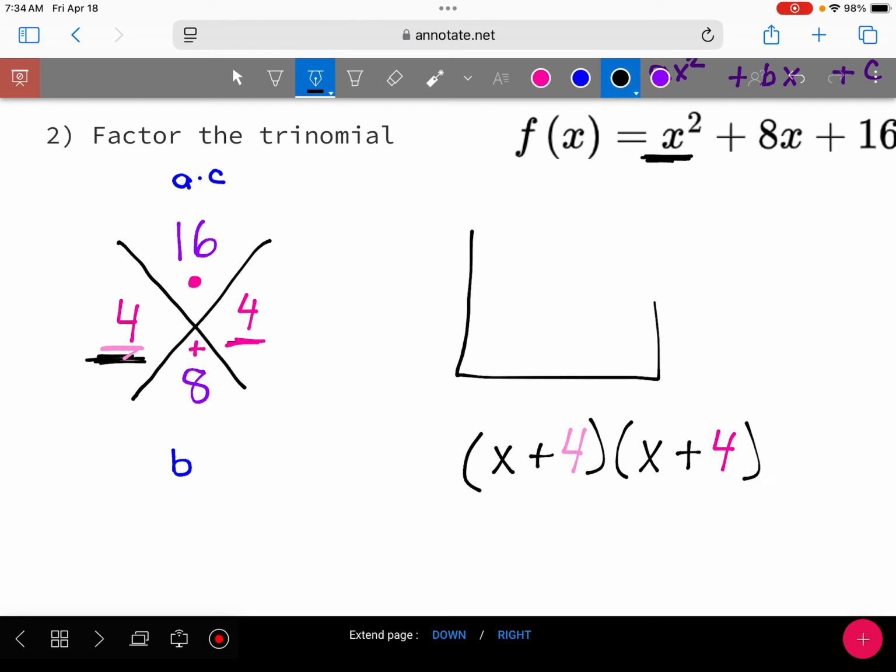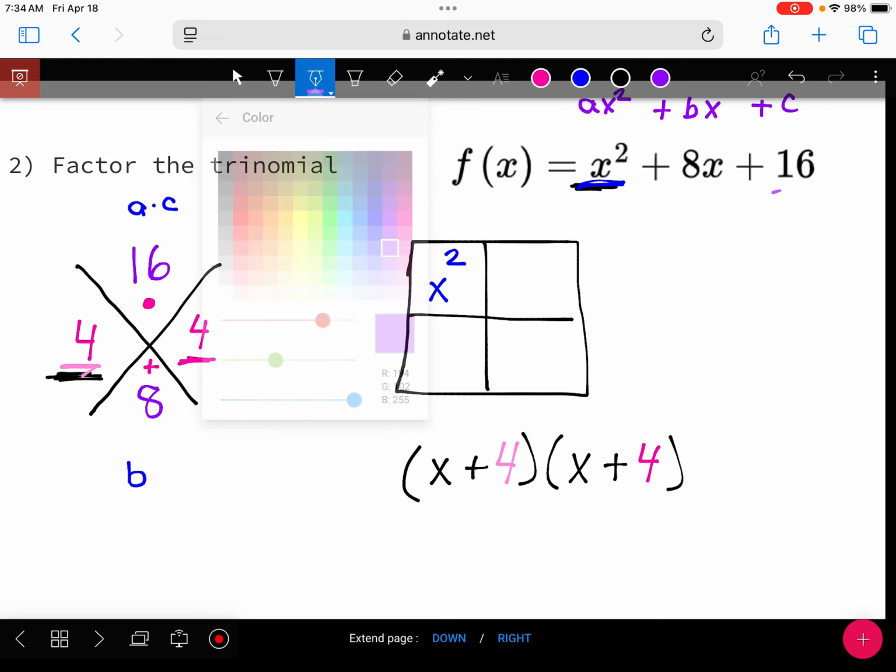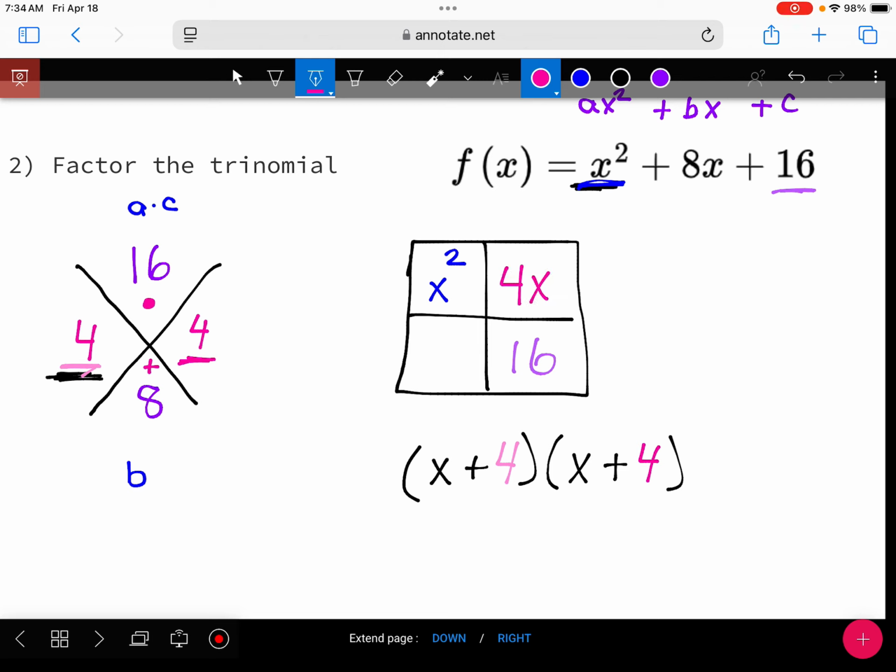If I go through the box, I should get exactly the same answer. If I put in my a, that x squared, and my c, the 16, and we put our 4x and 4x.